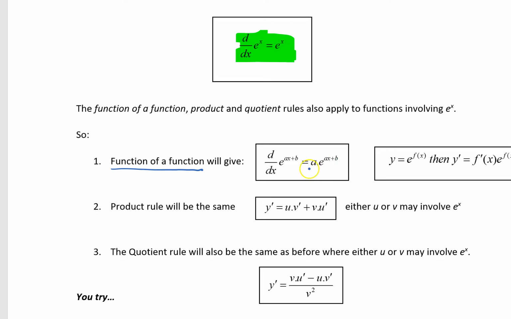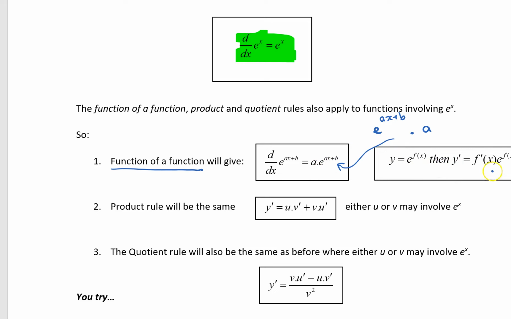So you can see that we end up with an a, and sometimes you'll see me do them where I write it as e to the ax plus b times now the derivative, which is a. And then we know for most expressions, and this is an expression, a is a constant, we would take that to the front. So that's all that's happened between there and there.